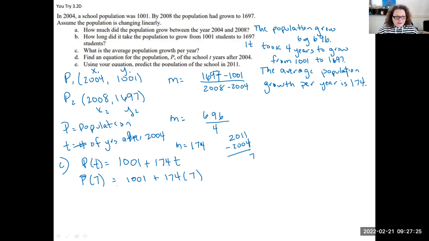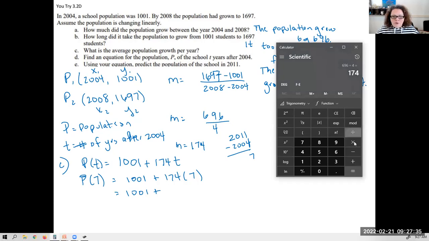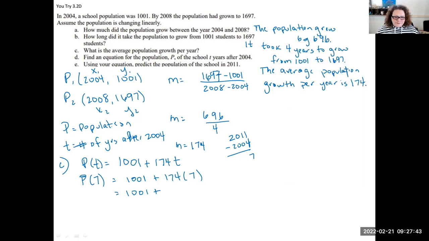Okay, so that's equal to 1001 plus what? Bring over my calculator. 174 times 7 is equal to 1,218. All right, now we just add the two together.